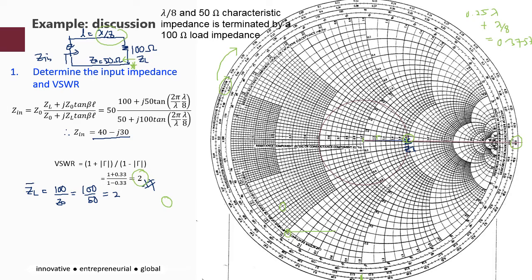Draw the line crossing from the center. Then look at the intersection between the line and the SWR circle, and you will get your Zin there.